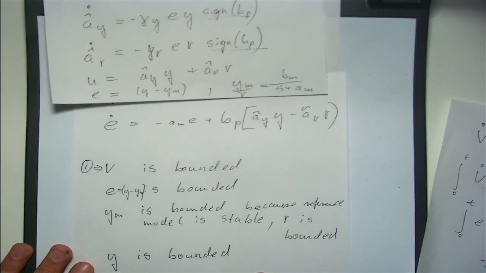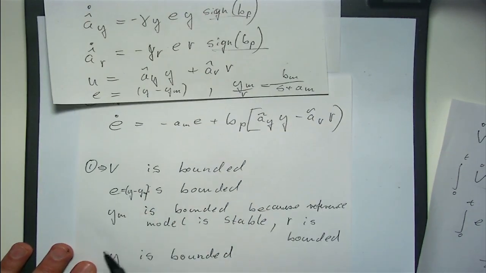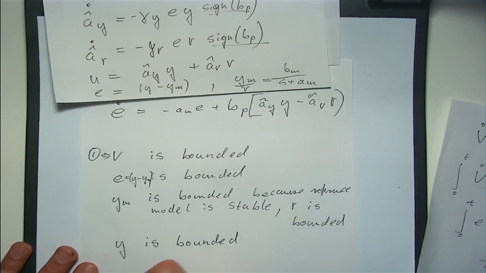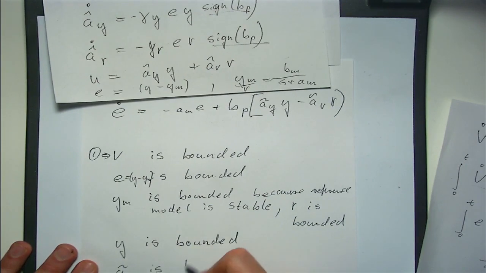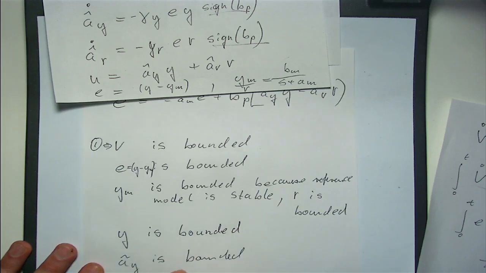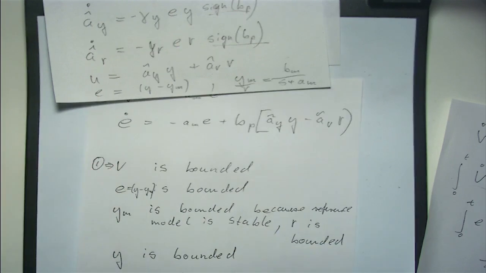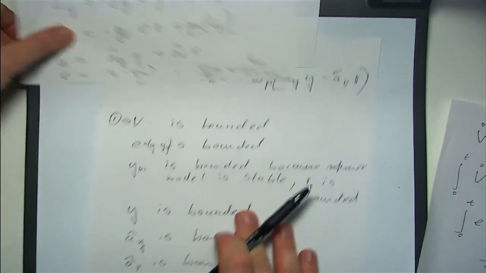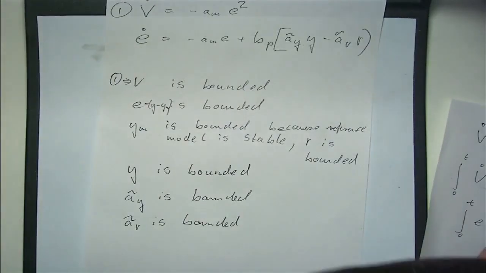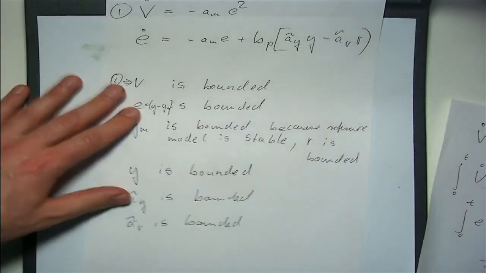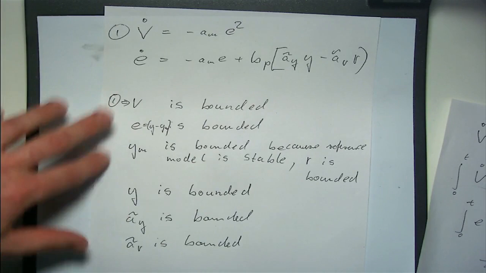Okay, but if V is bounded, then also AY tilde is bounded, and AR tilde is bounded. Good. So now all this stuff is bounded.